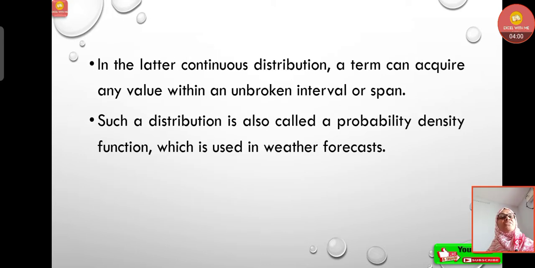In the latter, continuous distribution, a term can acquire any value within an unbroken interval or span. Such a distribution is also called a probability density function, which is used in weather forecasts.